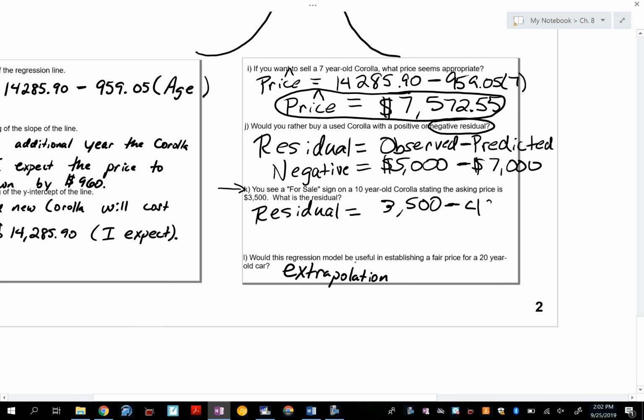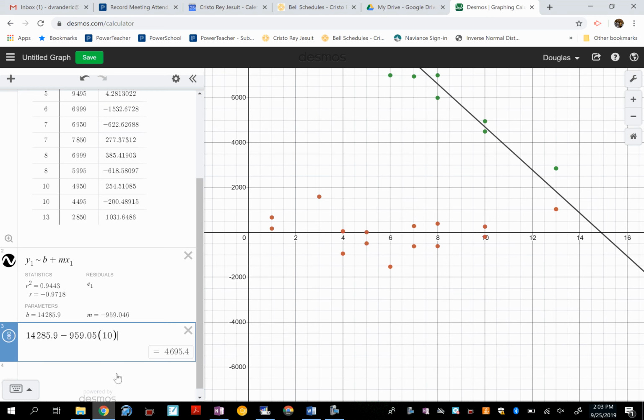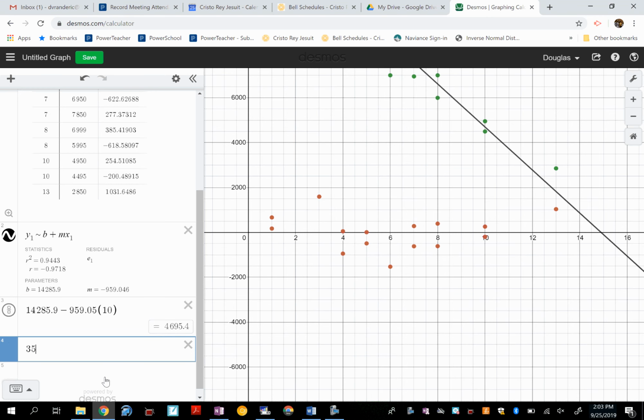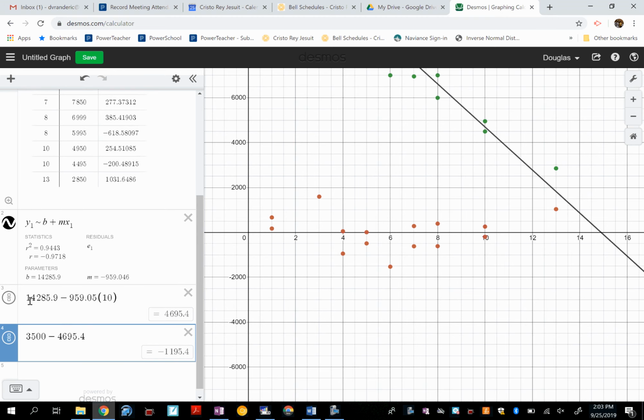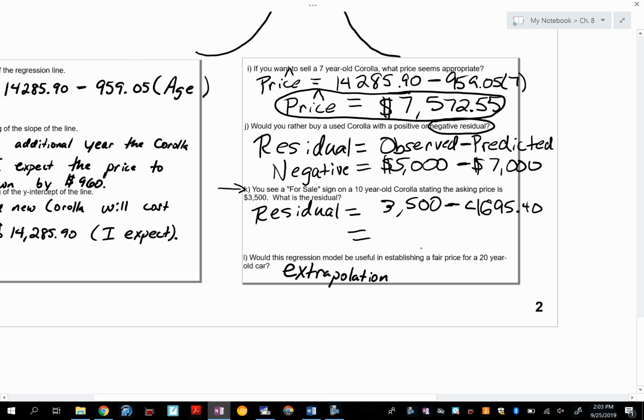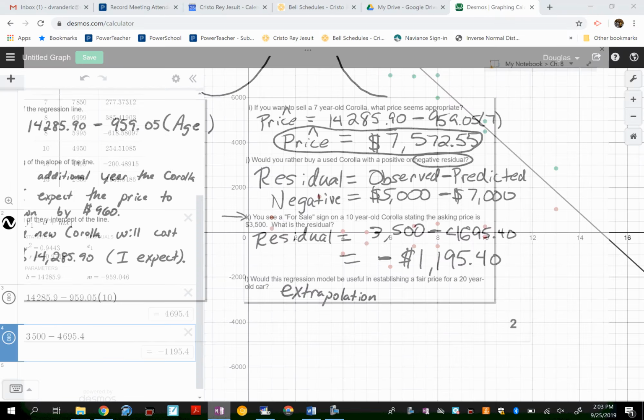So whatever that residual is, I think we have that. Oh no, we don't, because it's a different asking price. So what is 3,500 minus 4,695? Did I get that right? Yes, it's negative.